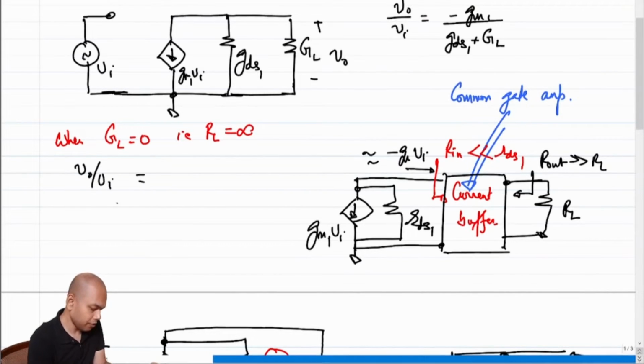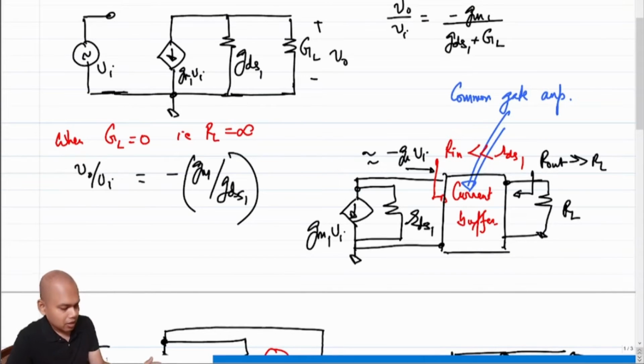V naught over Vi will be minus GM1 by GDS1. Correct? Right?